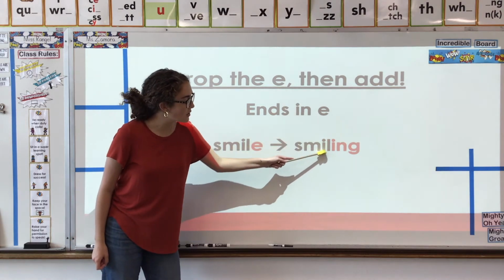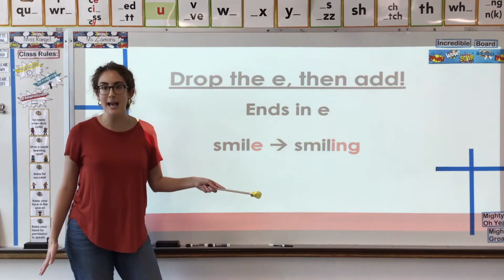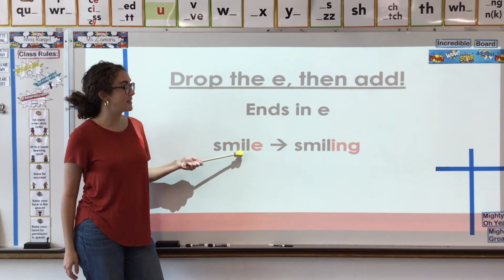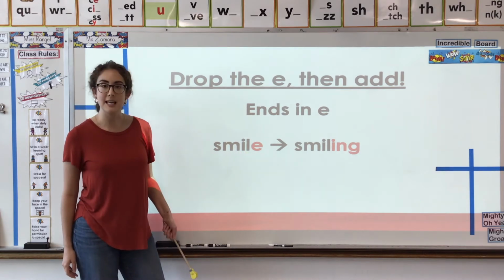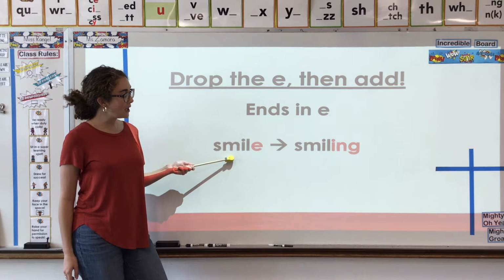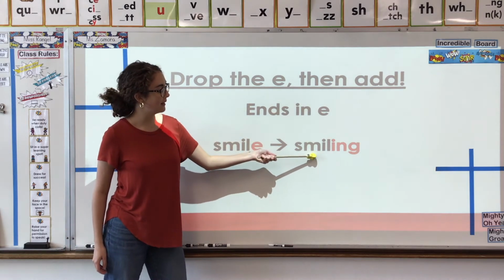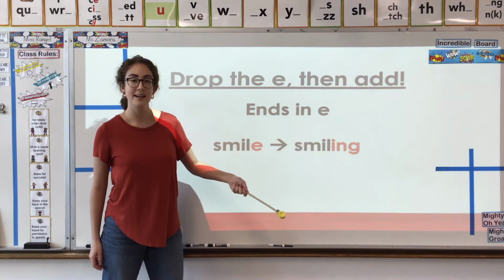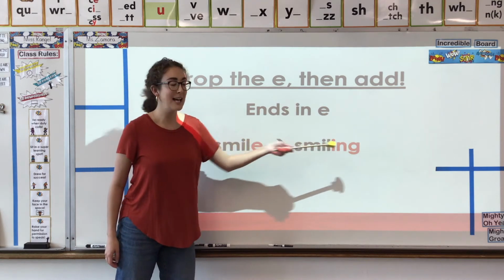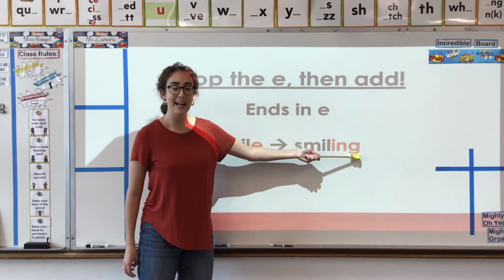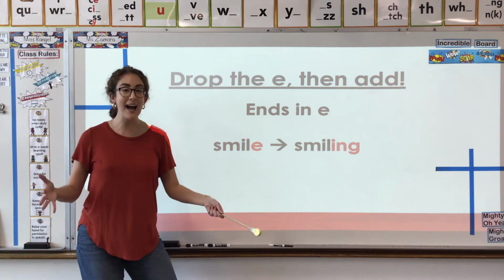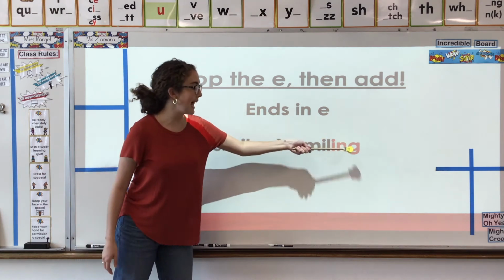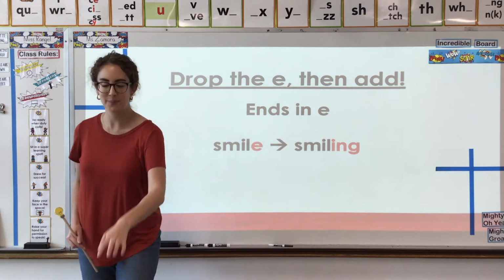But the vowels are going to still make the same sound, even though we no longer see vowel consonant E. So smile becomes smiling, smiling. The I still says the I sound, but all we did was add the ing at the end.